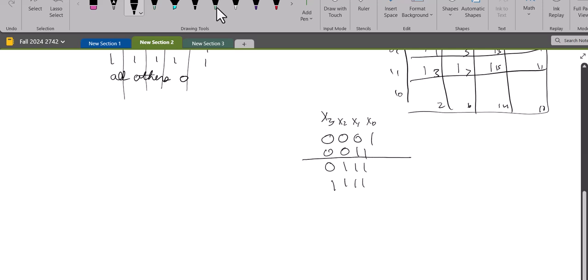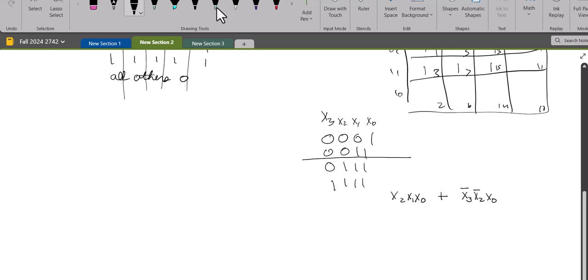If we look at this bottom two, you could have x2, x1, x0, or x3 bar, x2 bar, x0.